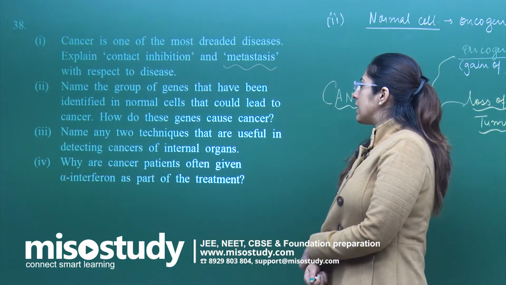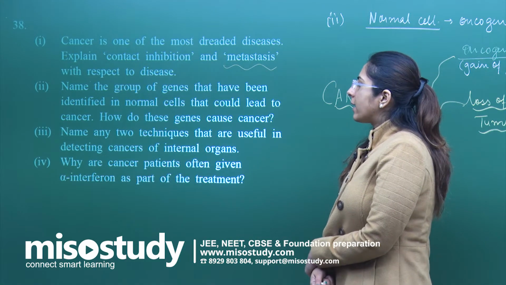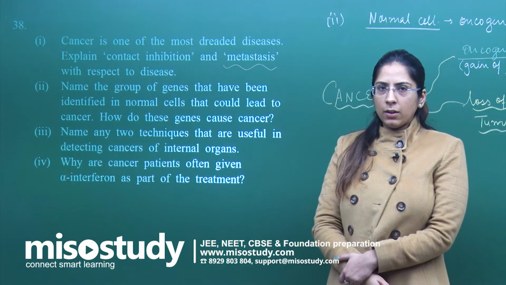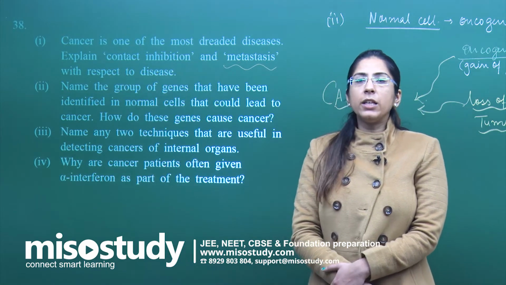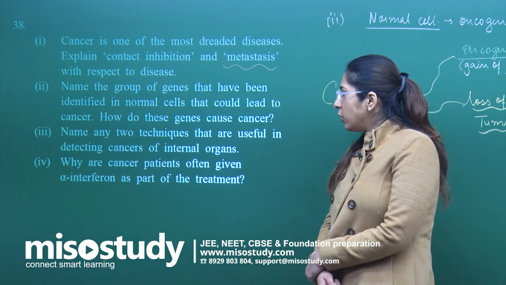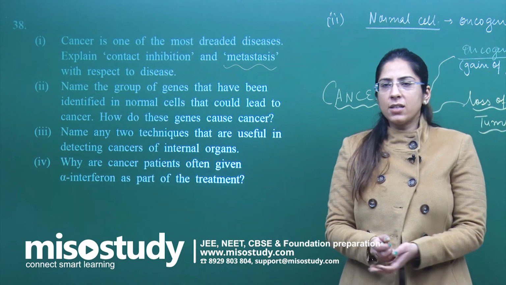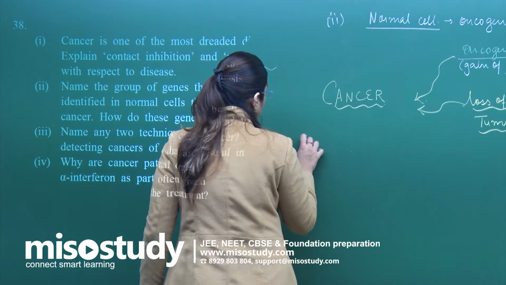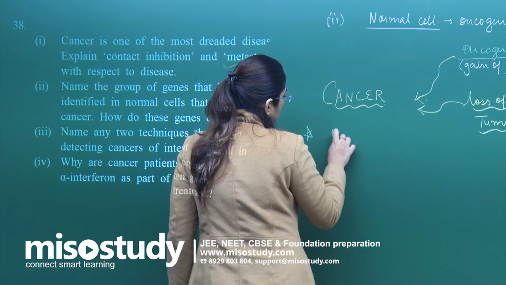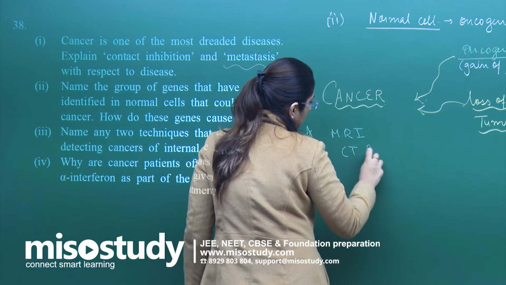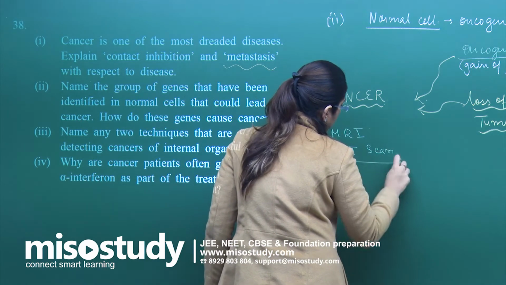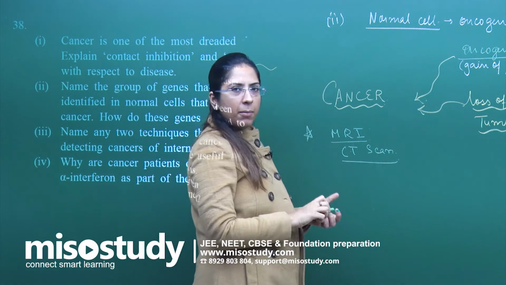Name any two techniques that are useful in detecting cancer of internal organs. You are all acquainted with the CT scan and the MRI. These are the two techniques used for detection of cancer in internal organs. What is the full form of MRI?